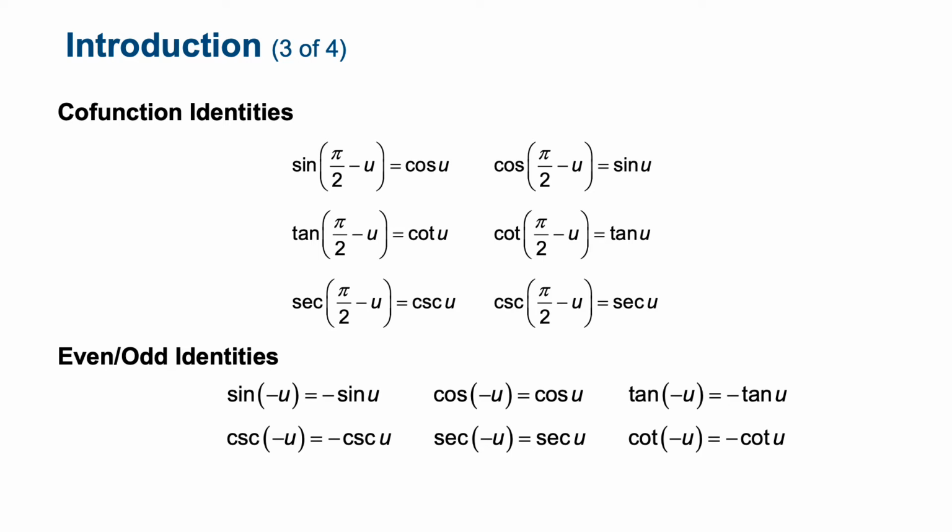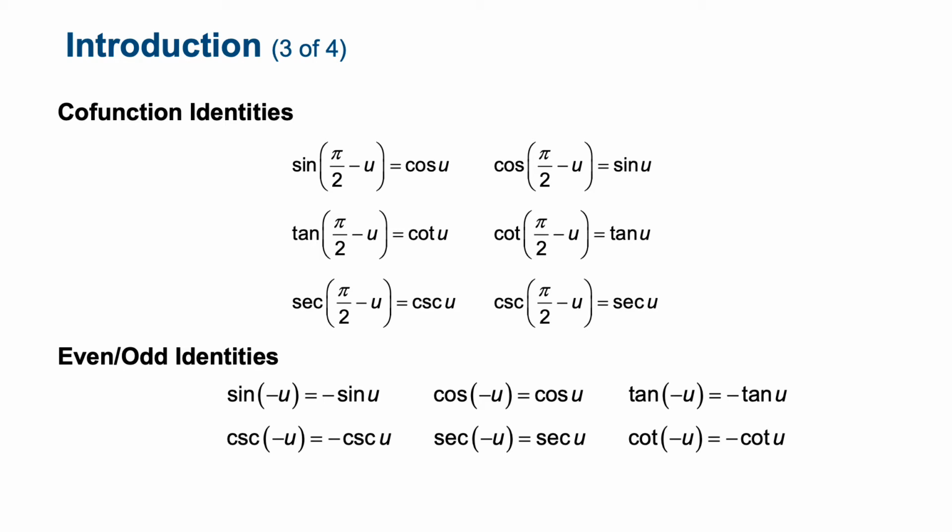So we have a few more: the cofunction identities. We know sine, cosine, tangent, cotangent, secant, cosecant. Notice how those are cofunctions. So what's the relationship? If you take the sine of pi over 2 minus some angle, that's the same as cosine of that angle, and vice versa. Cosine of pi over 2 minus the angle is equal to sine of the angle.